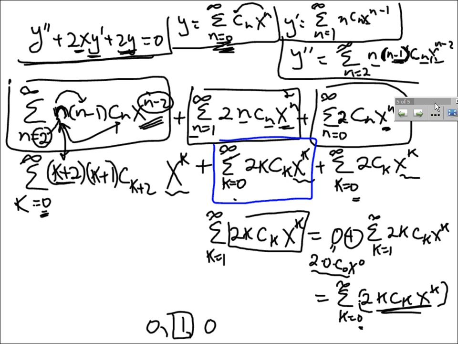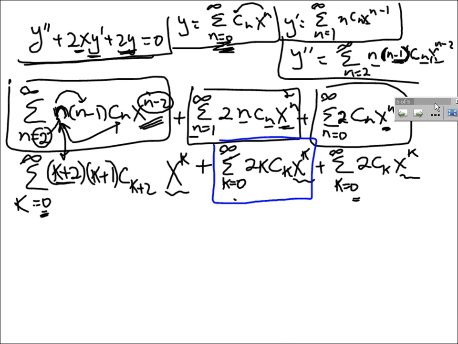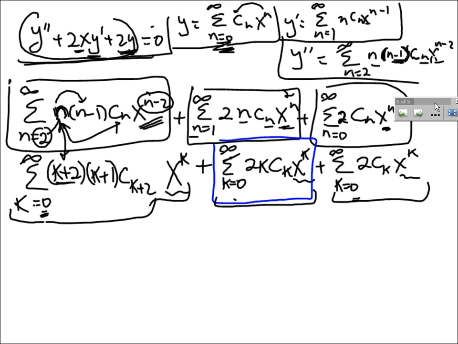The nice thing now is all my summations are starting with 0. Now remember, this was y prime, that was y double prime, plus 2x y prime, plus 2y. It was this, and it does say it equals 0.